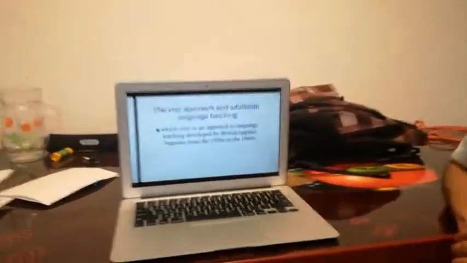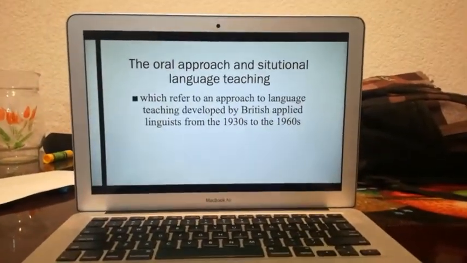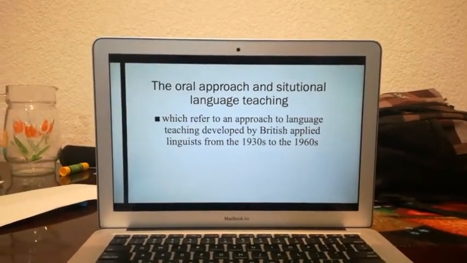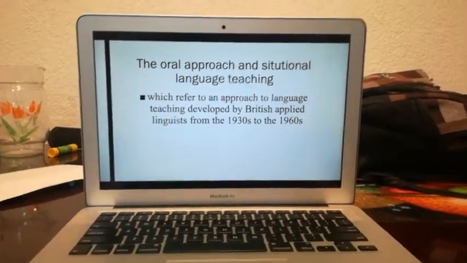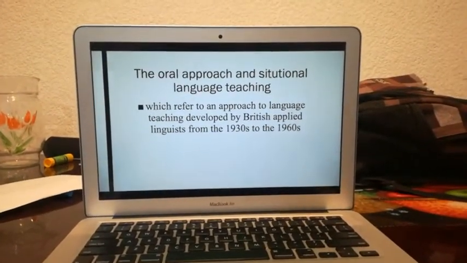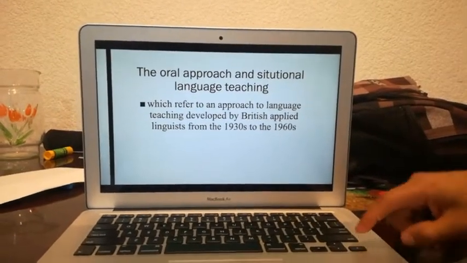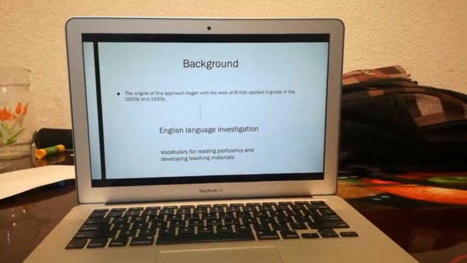Some people say that it's the same as situational language teaching. But this refers to an approach to language teaching developed by British applied linguists, from the 30s to the 60s. Now I'm going to say the background.